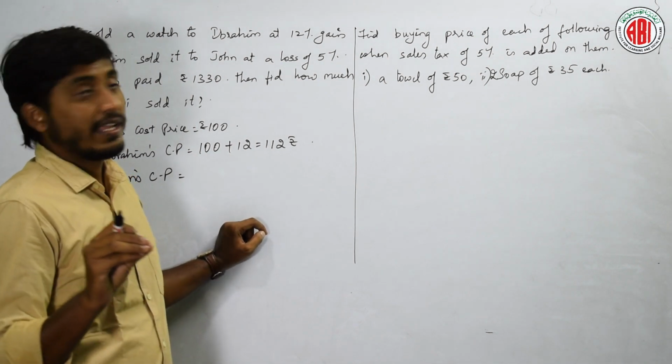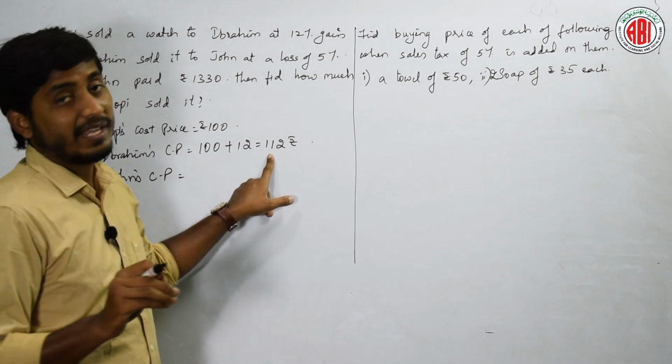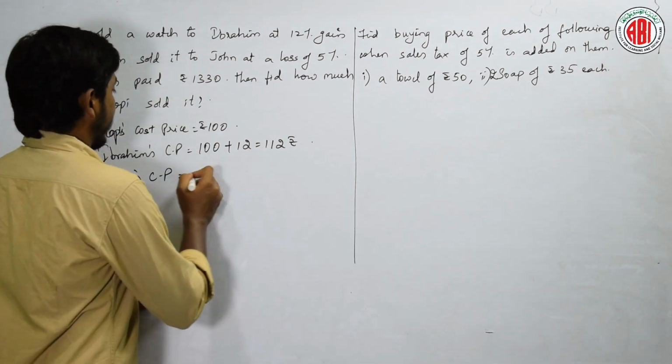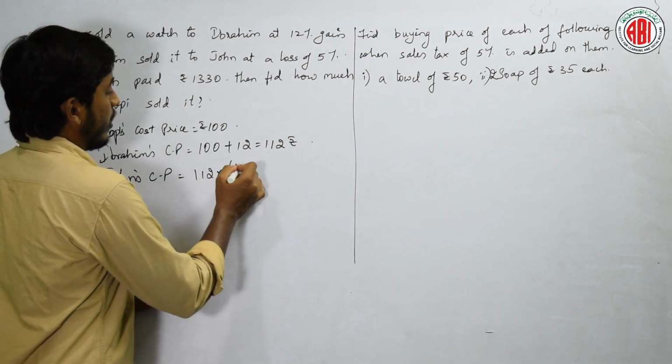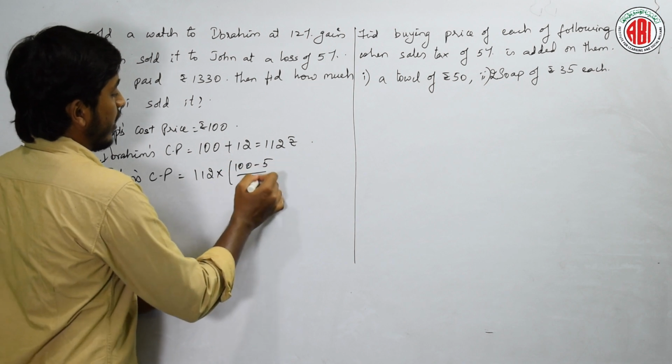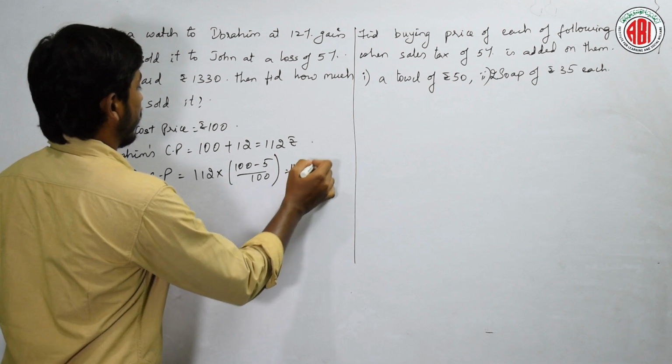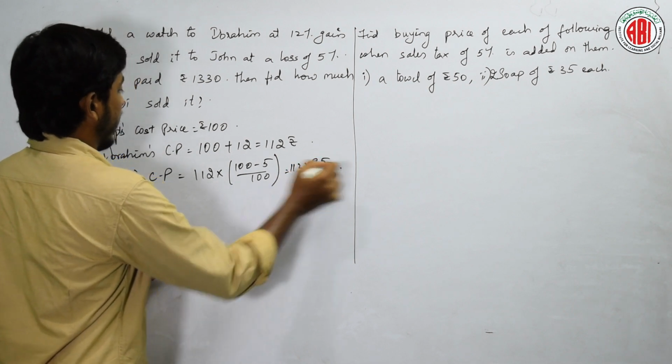What is the formula? CP into 100 minus 5 by 100, that is 112 into 100 minus 5 by 100, that is nothing but 112 into 95 by 100.